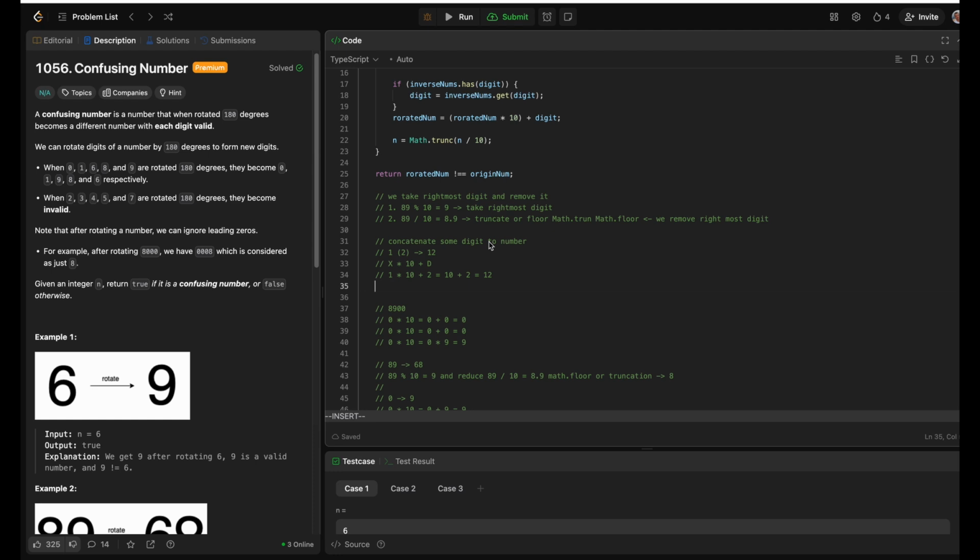What this example shows us is that the operation of multiplying by 10 makes the number wider, and it makes it possible to add a new digit, because our number has only one place. So we have 1 as only one place in this number, and after multiplying by 10 we make it wider, and now we have 2 places.